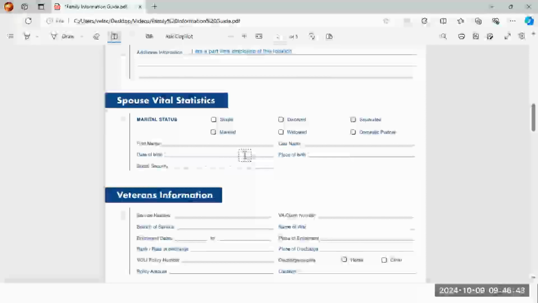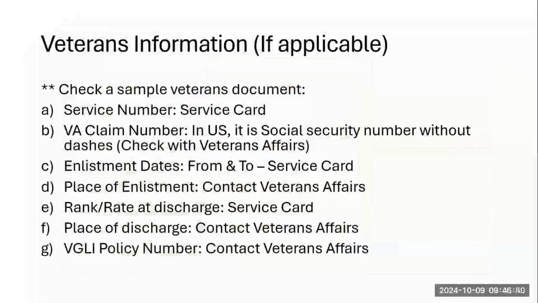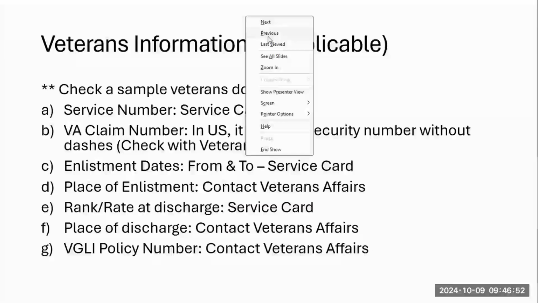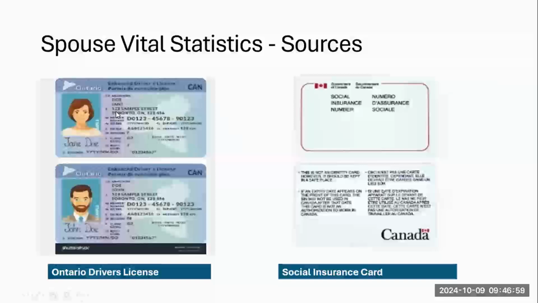Further down, you have your vital stats for your spouse. Okay, this is your partner. Now, for your spouse, once again, you may use a government piece of ID to verify the first and last name, as well as the address.